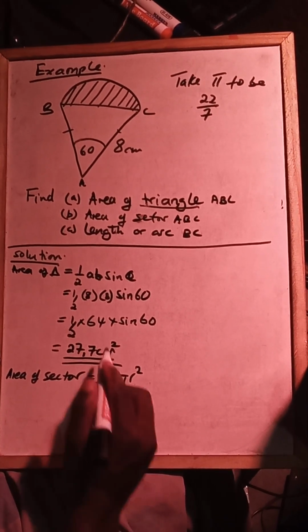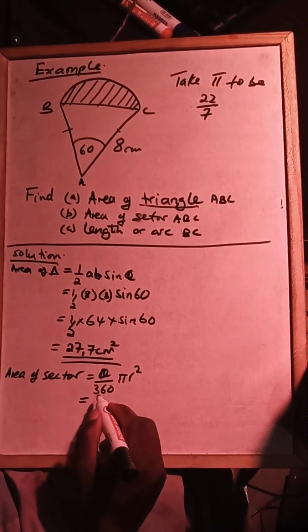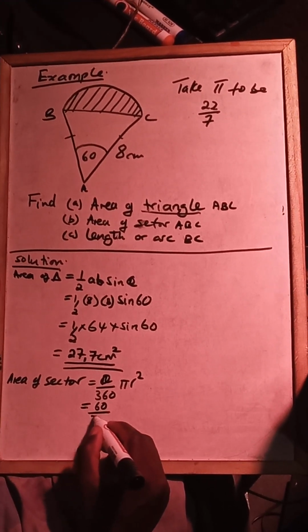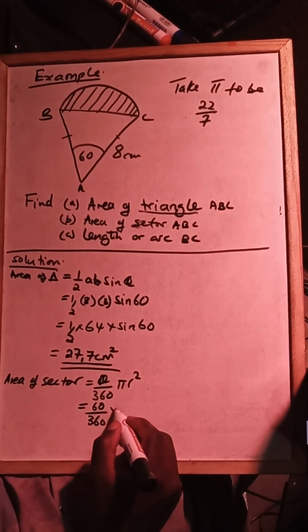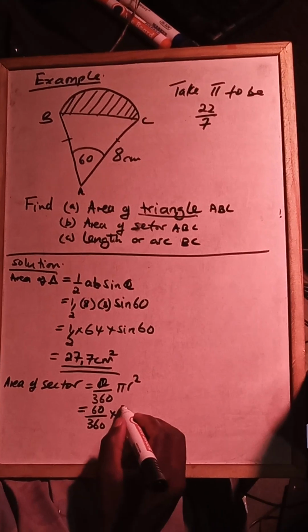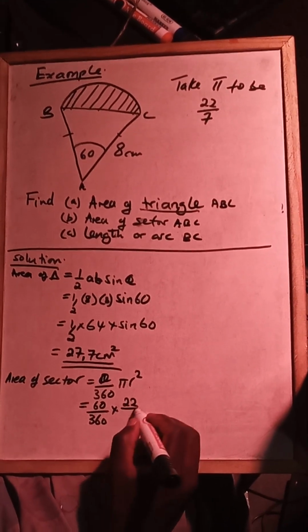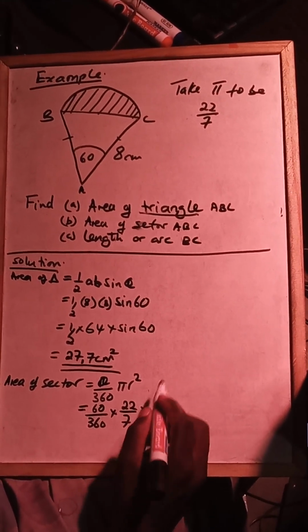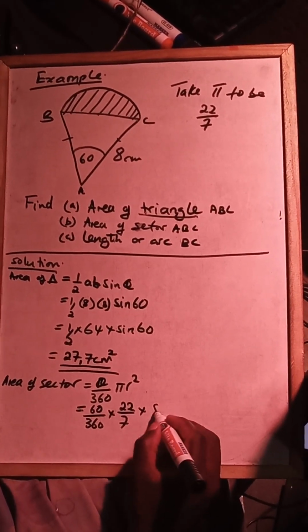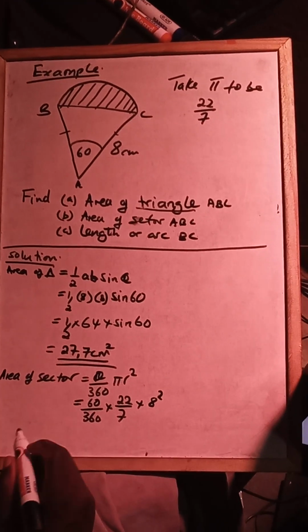And our theta in this case is the angle given, 60 over 360 times the given pi, 22 over 7, times our radius 8 squared, right?